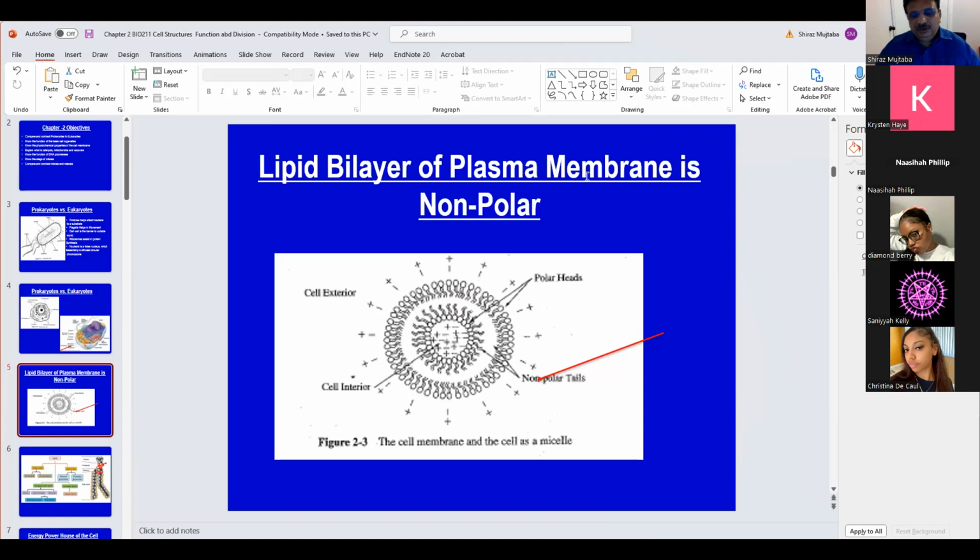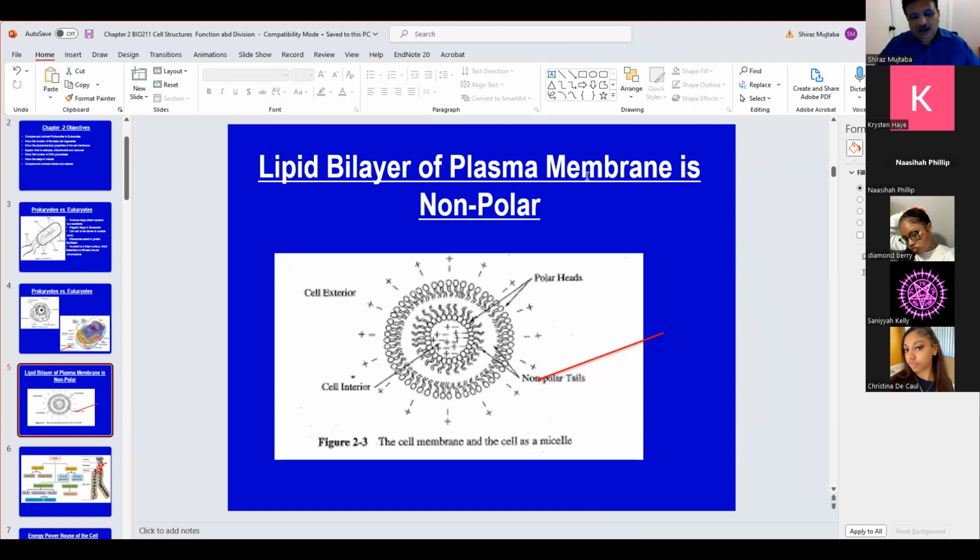The plasma membrane is just like putting a drop of oil in a glass of water. You will see that the oil forms a droplet. If you add water to water, how can you distinguish water from water? But if you add just a tiny drop of oil in a glass of water, you will see that the oil forms small spherical-like structures.